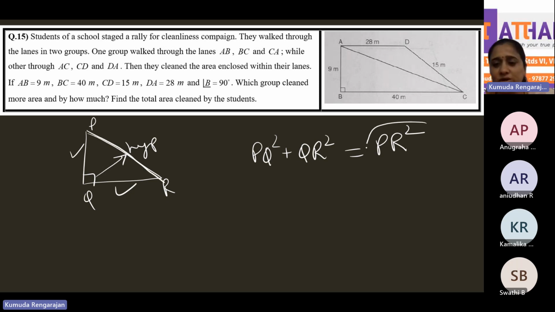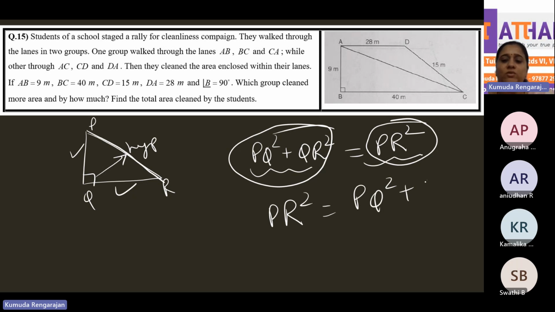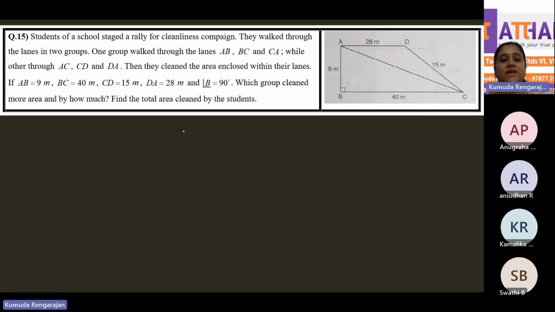The hypotenuse square should stand alone on one side, the sum of the squares of the other two sides on the other side. You can write this in the LHS and this in the RHS, or you can also write PR square is equal to PQ square plus QR square. Like this also you can, anything. This is Pythagoras theorem. So by Pythagoras theorem, you must find AC.